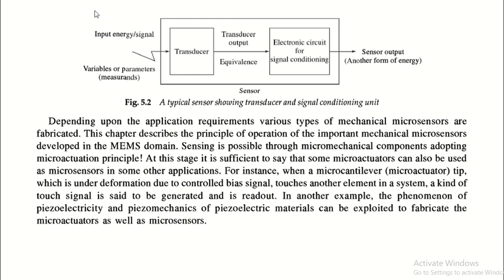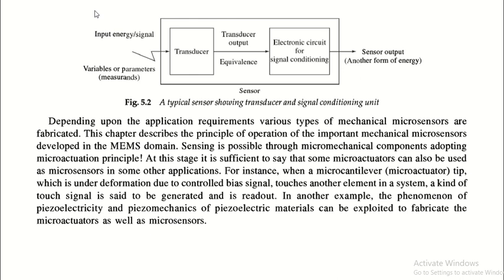Depending upon the application requirements, various types of mechanical microsensors are fabricated. Sensing is possible through micromechanical components adopting microactuation principle. At this stage, it is sufficient to say that some microactuators can also be used as microsensors in some applications.